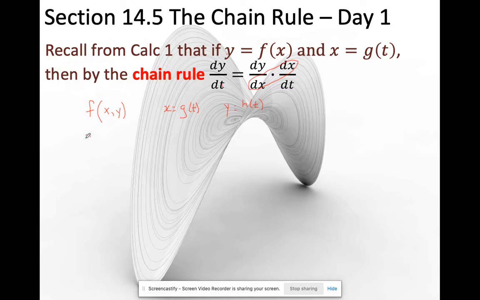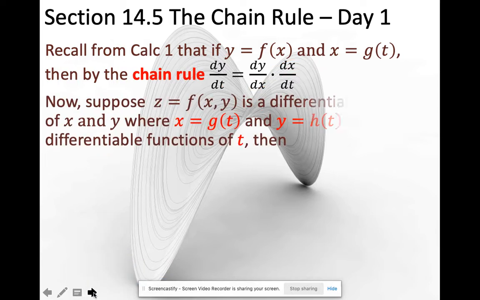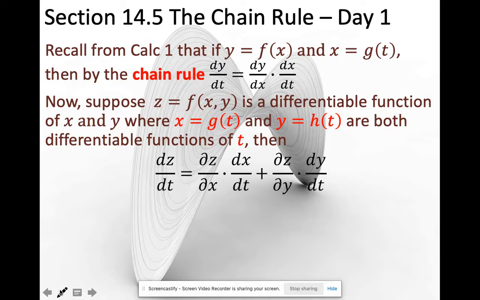What if I said f of g of t and h of t? And then further, I want the rate of change of the function f with respect to t. How is that going to work? Well, it's also shockingly going to be a product. But it's going to be a product, a sum of products.